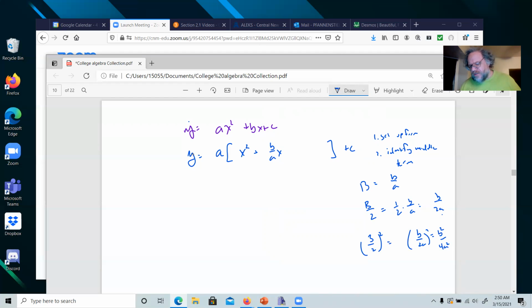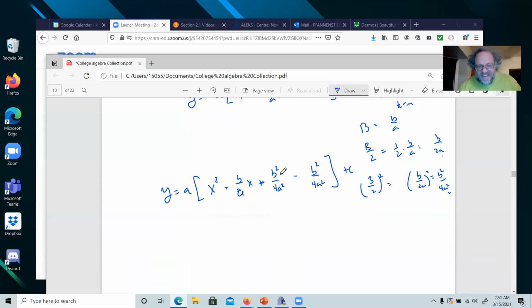We really aren't going to care too much about this value. We'll write it down because we have to keep it strict, but we're never going to come back and visit. You're not memorizing this. So we're going to say y is equal to a, we have our x squared plus b over a x, and then we have plus b squared over 4a squared minus b squared over 4a squared, plus c.